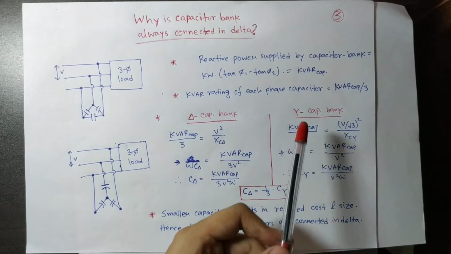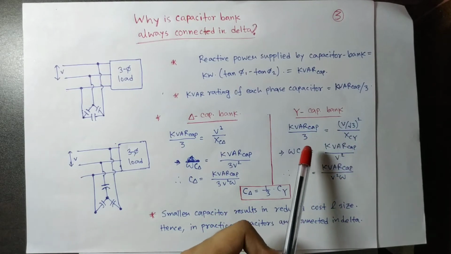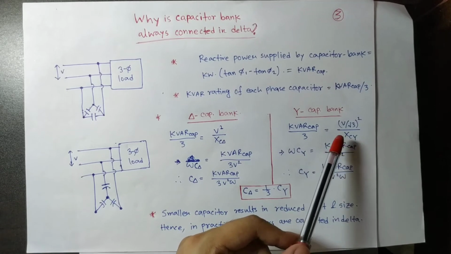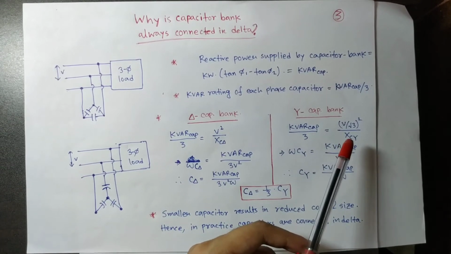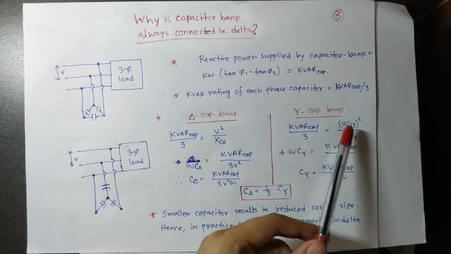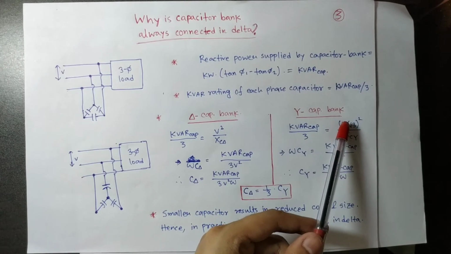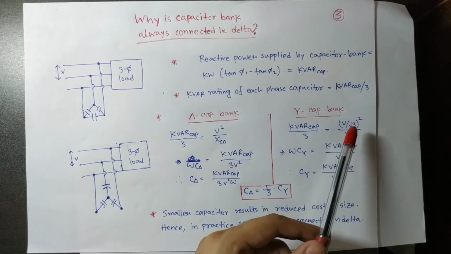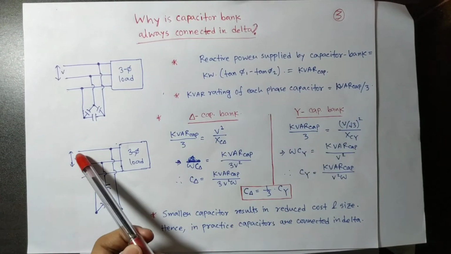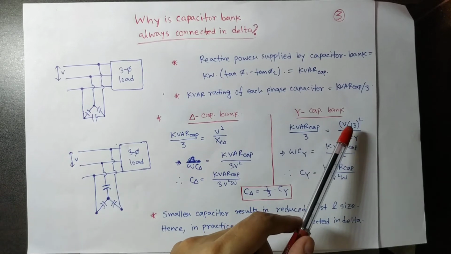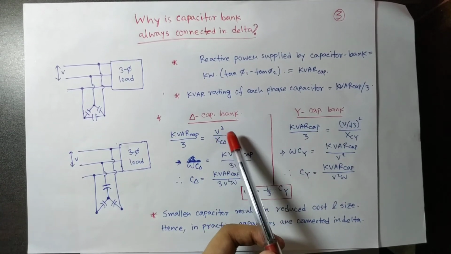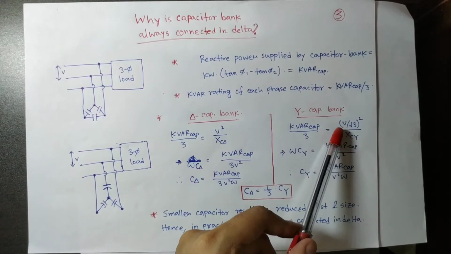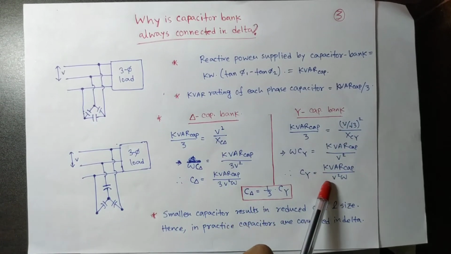Talking about the star capacitor bank, here also you find this expression, but the only difference is that in case of star the voltage will be the phase voltage, and that is why it will be V by root 3, where V is your line voltage. So this is the only difference. Initially in the delta case it was V square only, but here it is V by root 3 whole square. After solving this you will get this expression.